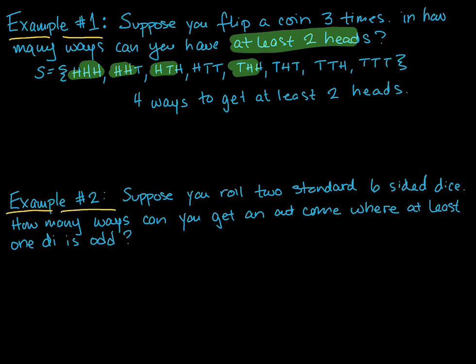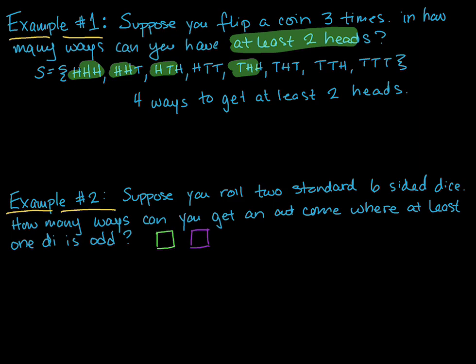All right, so example number 2, suppose you roll 2 standard 6-sided dice. How many ways can you get an outcome where at least 1 die is odd? So remember, we're going to think about the dice as being 2 different colors. I'm going to think of 1 die as green and the other as purple, because each die could be different, and we have to account for the fact that they each operate independent of each other.